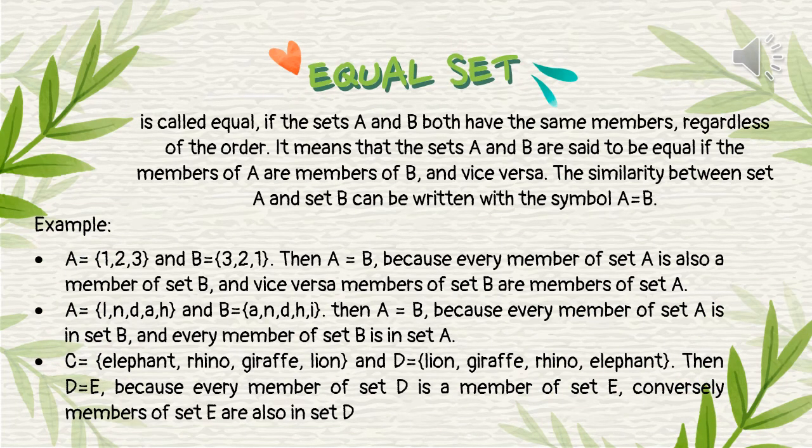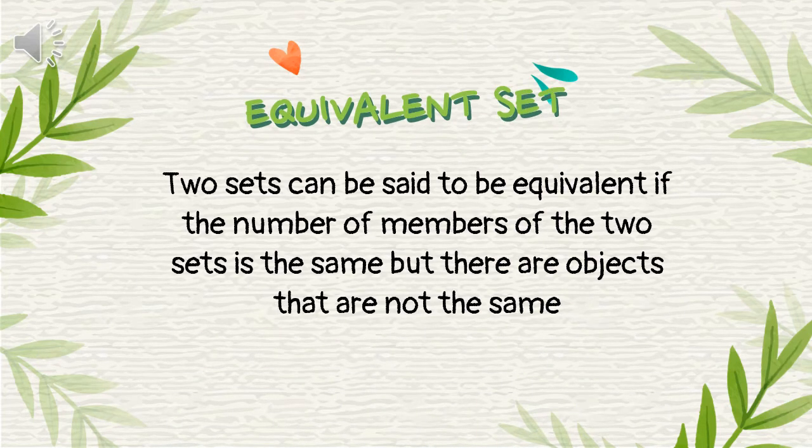Equal set. Sets are called equal if the sets A and B both have the same members, regardless of the order. It means that the sets A and B are said to be equal if the members of A are members of B, and vice versa. The equality between set A and set B can be written with the symbol A = B. Equivalent set.